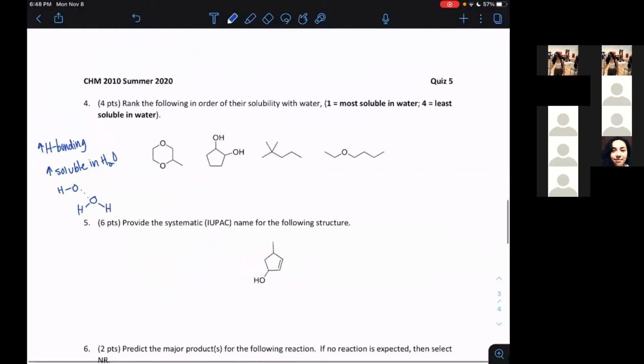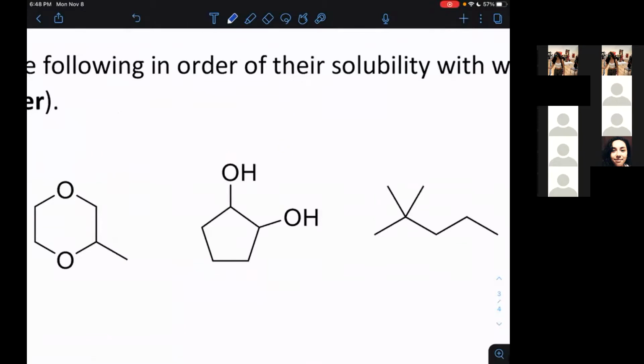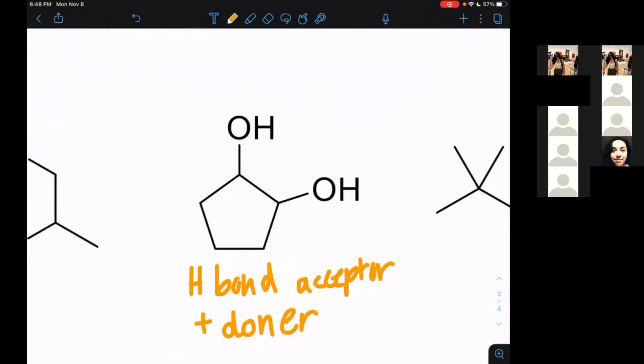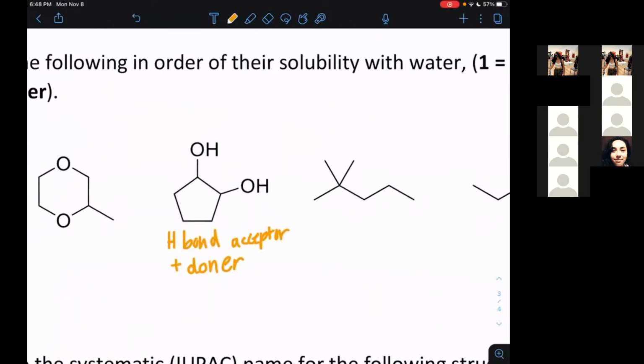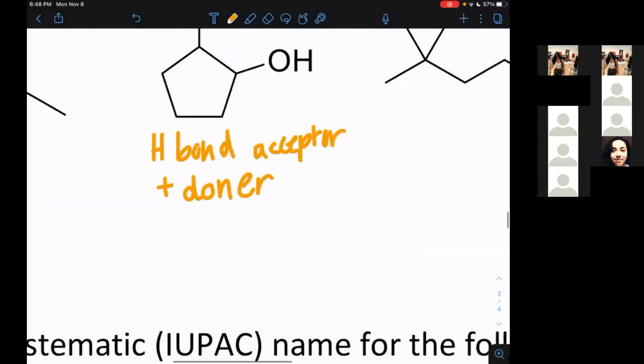So the structures that have more hydrogen bonding will be more soluble. So then we could do the most soluble. We also know that OH has a bunch of hydrogen bonding because it's both an acceptor and donor. I think this is where the professor said the closer it relates to water, the more soluble it is. Yeah, like dissolves like.